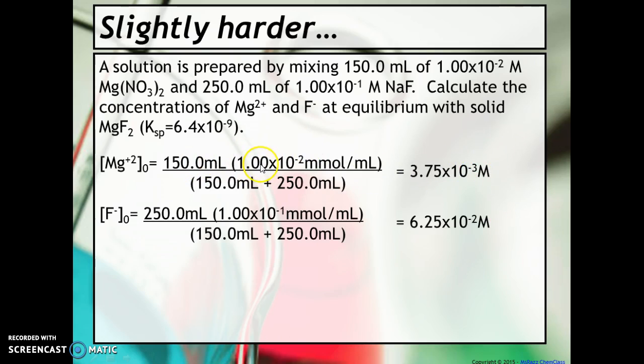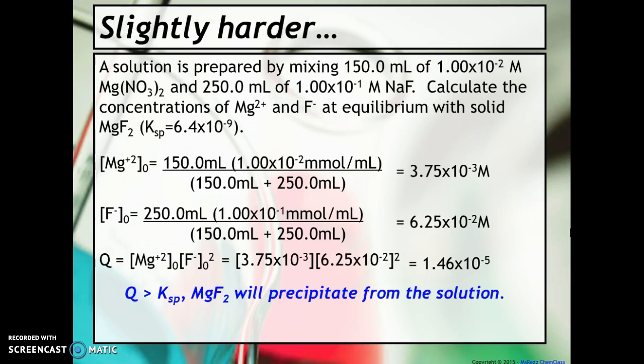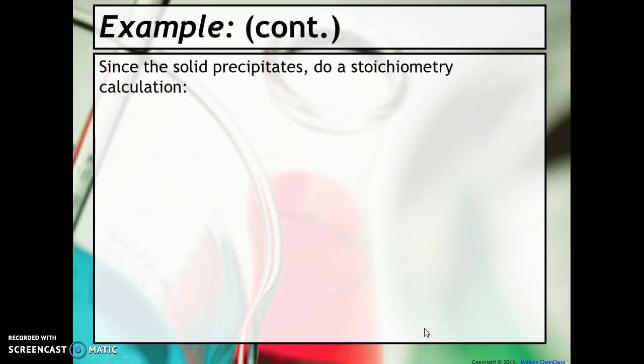So we solved for moles here, or millimoles rather, and then we put it over our total volume to get out both of our molarities and compared it to our Ksp. Well, we determined that our Q, or our solution, was greater than our Ksp, so we would have some precipitate form. Then we had to cancel out our solids from solution.